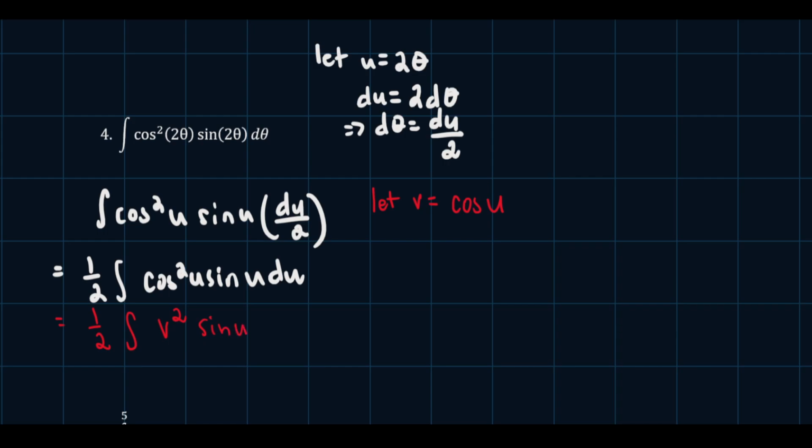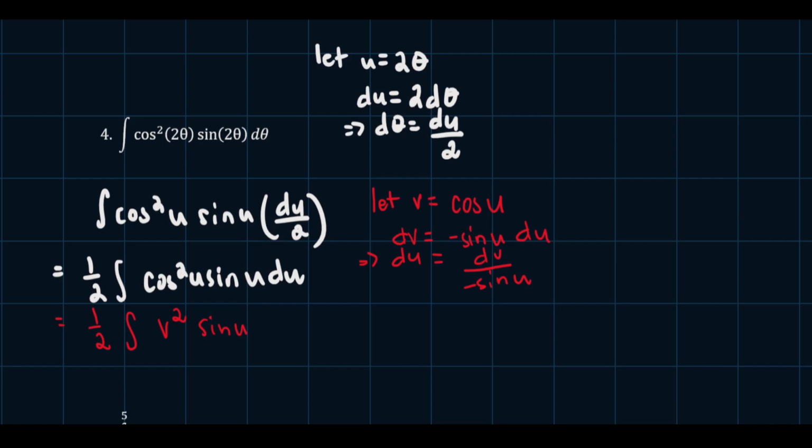and then we solve for the derivative of v with respect to u. This gives us negative sine u du. We solve for du. Du is equal to dv over negative sine u.